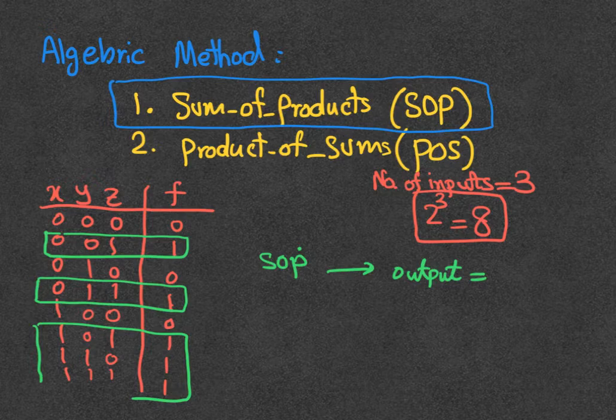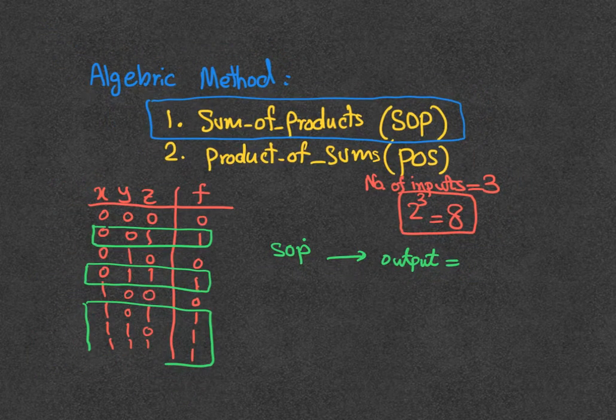When you're writing SOP, these rows are called minterms. So each of these rows is a minterm.